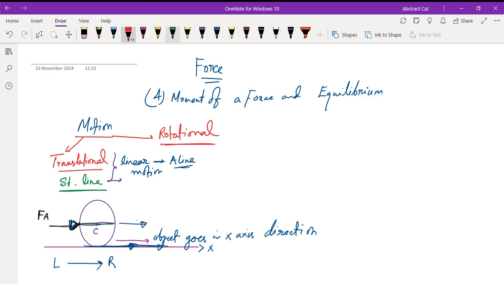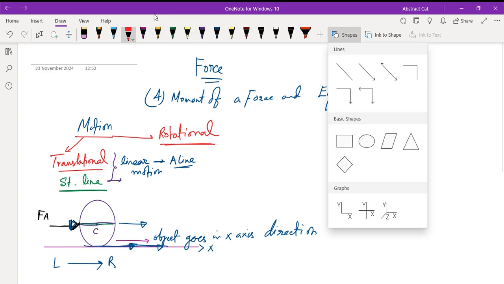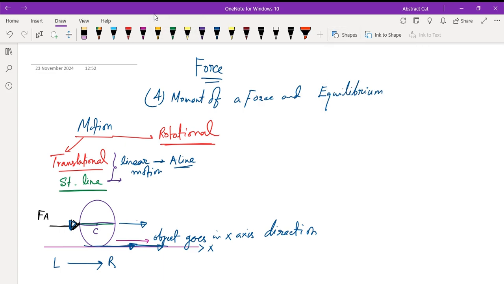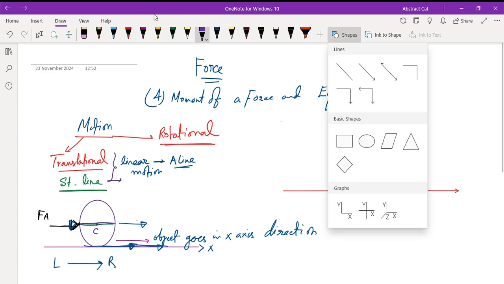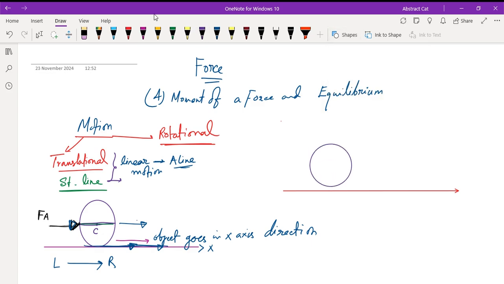First we draw a line, and take an example: a line, and choose a circular object here, and that is the center of the object, C. The main difference between translational and rotational motion is where the force is applied, which position or which point.